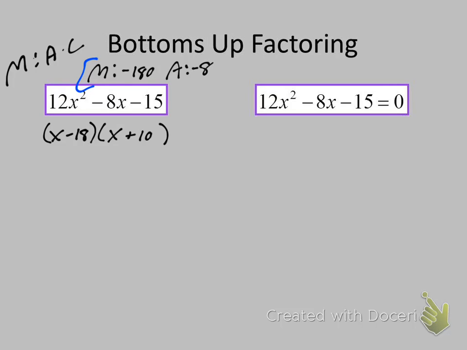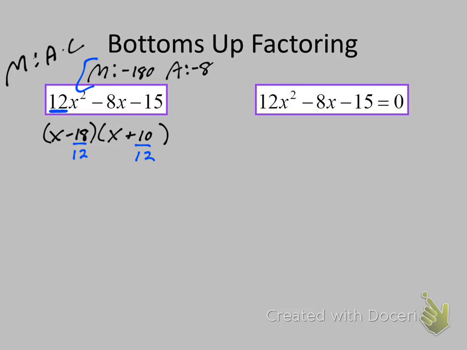Now, those don't FOIL back to 12x squared minus 8x minus 15, which is where the weirdness starts. Here's how you work this. You take 12, because 12 is A, and you put it underneath each of these numbers.